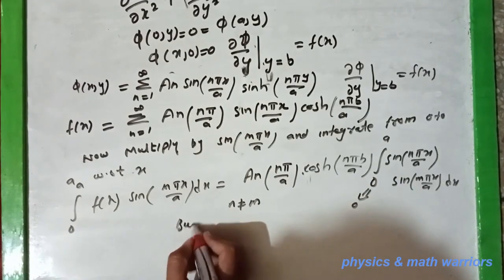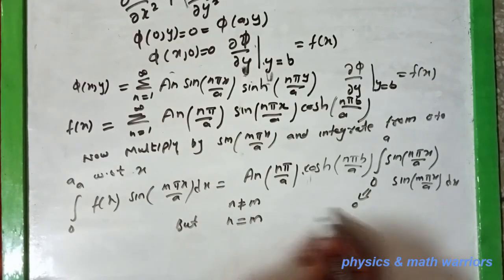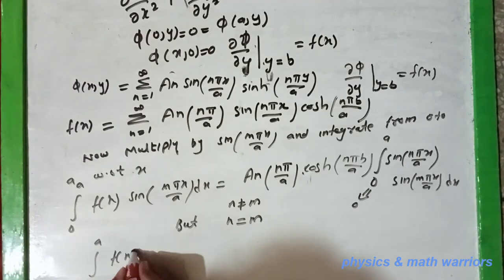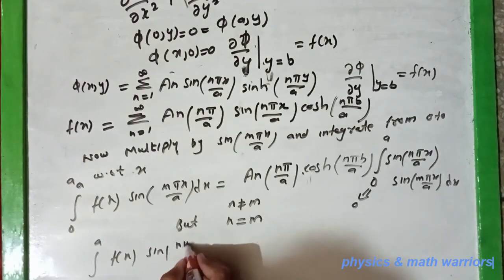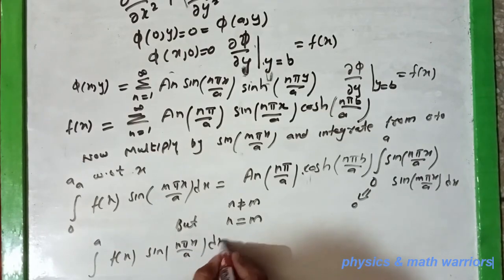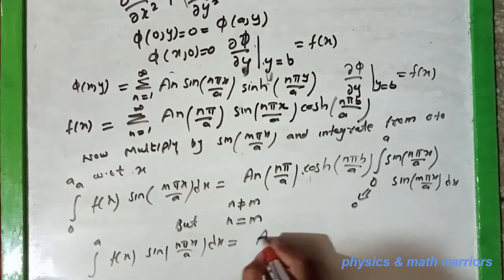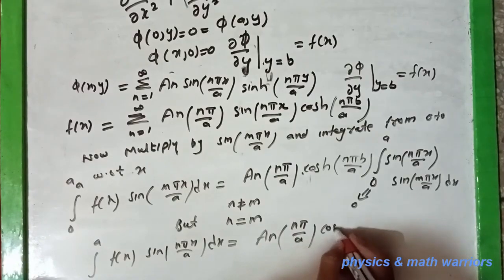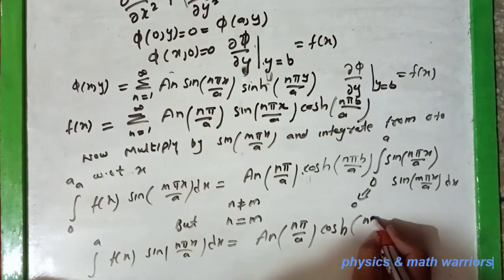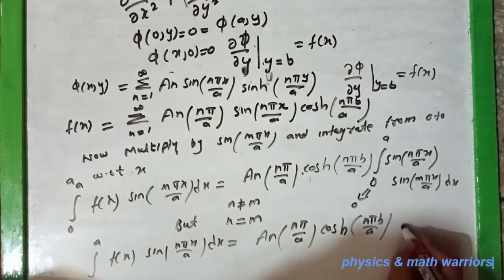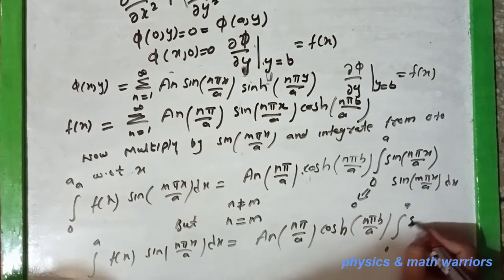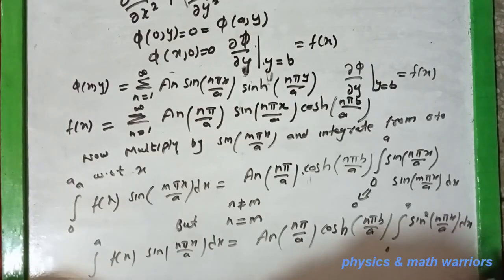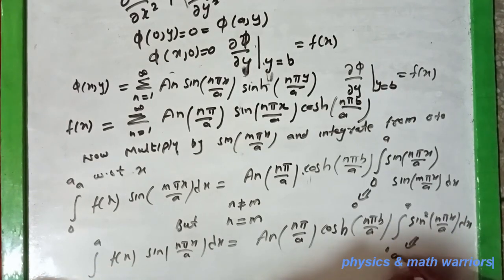But when n is equal to m, this integral becomes integral from 0 to a f of x sin n pi x over a dx is equal to a n multiplied by n pi over a cosh n pi b over a integral from 0 to a sin square n pi x over a dx, and this integral gives us a by 2.